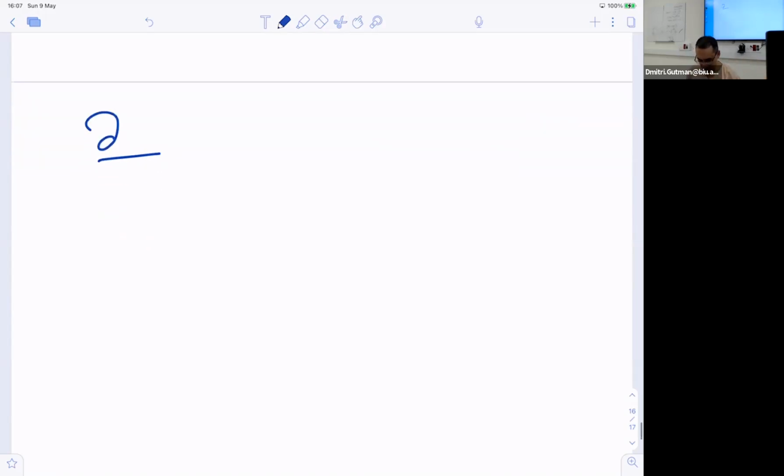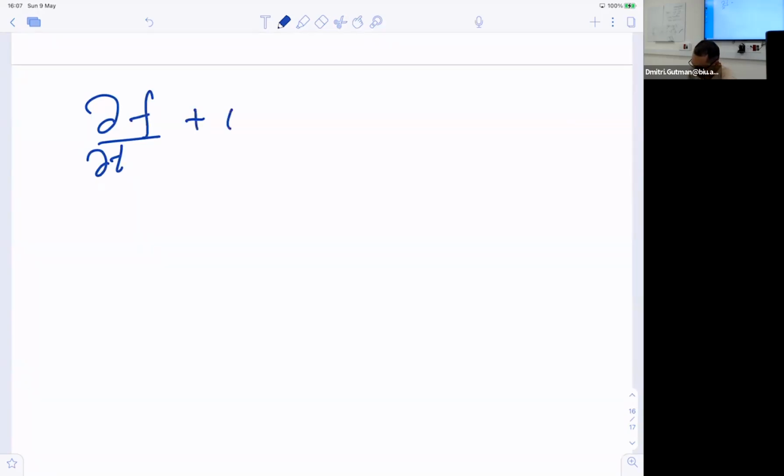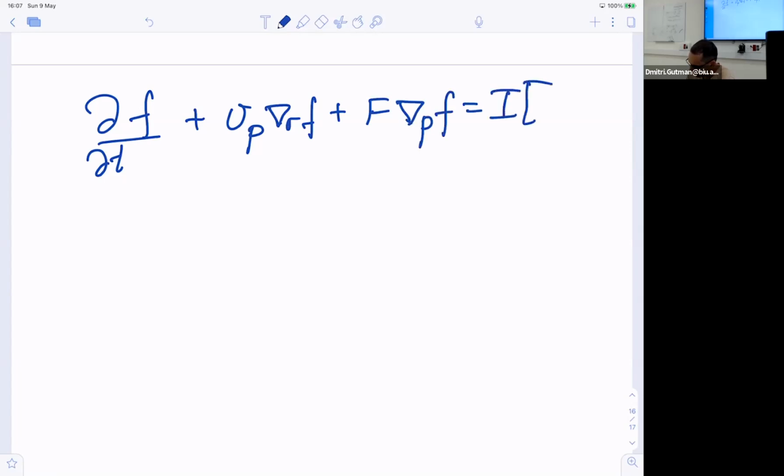Okay, so how about now? d over dt of f plus v_p grad_r f plus force grad f is equal to the collision integral. And starting from this equation, that's our starting point, let's say we have electrons with electron-electron interaction.